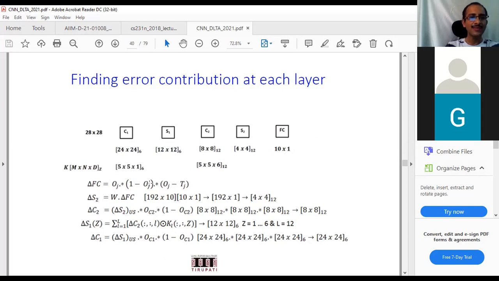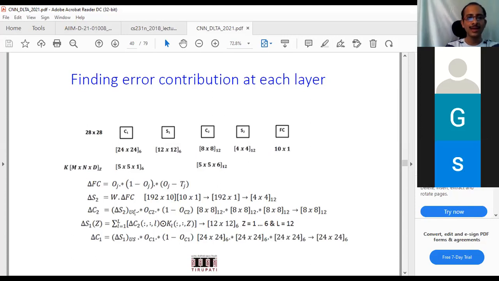So delta FC, when you write, this is how it comes. Now delta S2, if you write, what happens? W into delta FC. Here they have written W, in our case W transpose, into delta FC. And then delta C2 is the upsampled version of this delta S2, and if there is an activation function in the forward direction, then OC2 into 1 minus OC2 will come into picture. Hope you are understanding what I am trying to tell here. Previously we saw delta C2 as delta S2 upsampled.